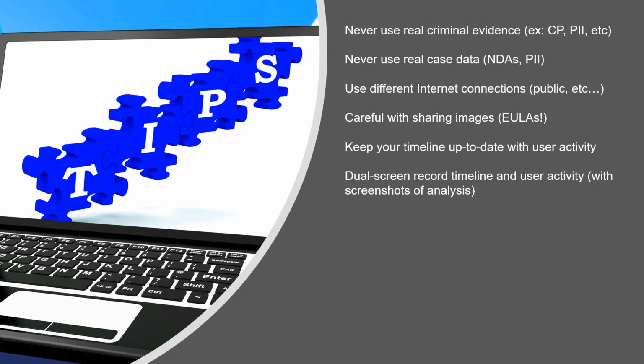One thing I've done once was I recorded a dual screen where I recorded the activity as I was creating it on the virtual machine, and then I did a forensic analysis on it. I created a visual timeline, and I screenshotted aspects of my activity, such as the area space of that drive or the link file that was created.